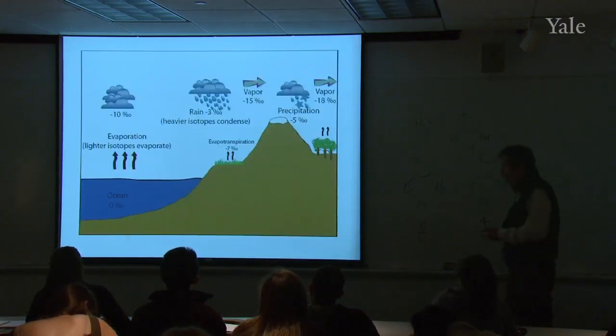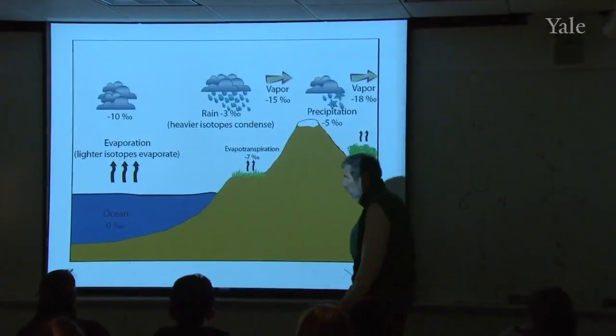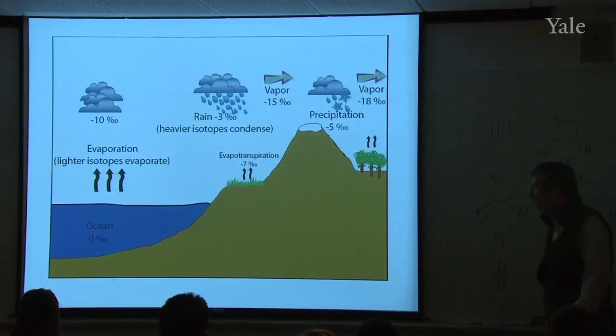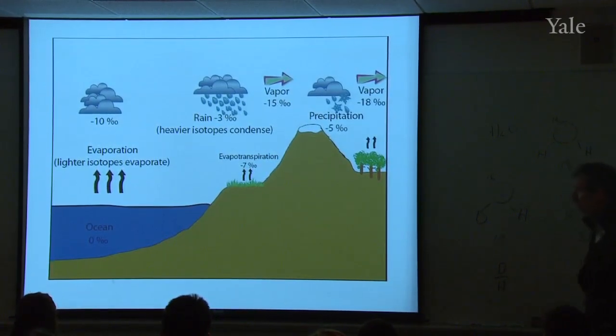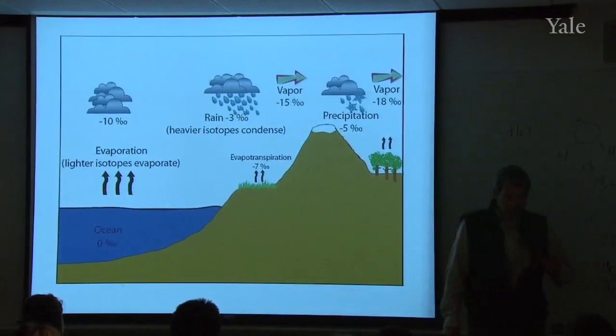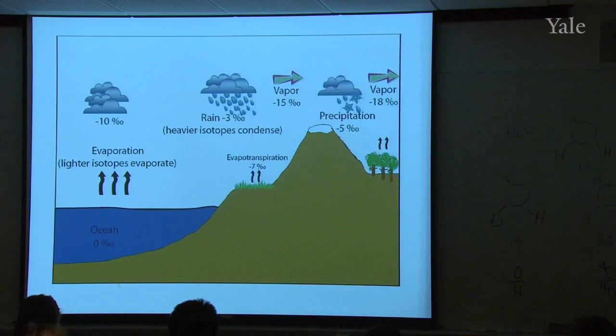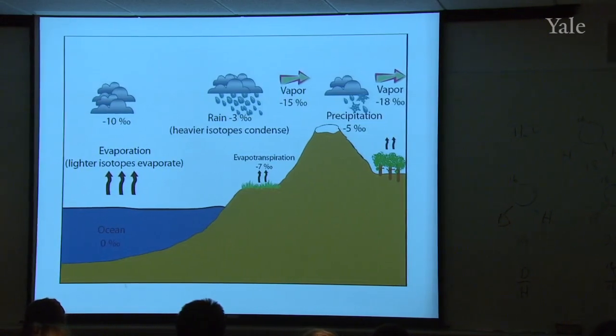Now, in the real world, if you start with an ocean value of 0, the delta D value or the delta O18 value would be 0, which is likely, right? Because ocean is our modern reference for isotope ratios. So typically the delta values for modern ocean are going to be very close to 0.